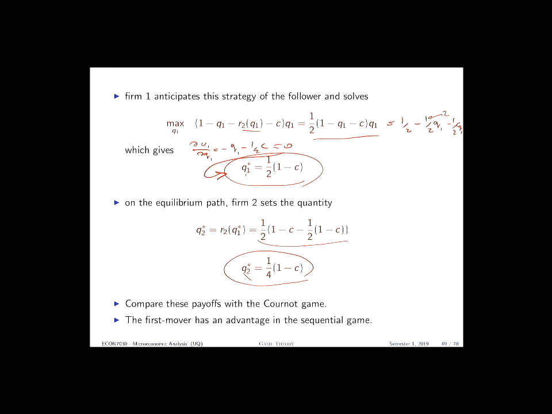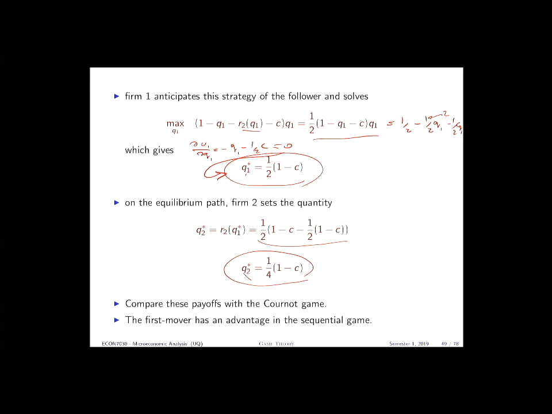So we move backward. When we move backward, firm 2 would have a reaction function based on the choice of firm 1. Therefore, we find the best response of firm 2 as a function of any choice of firm 1. Now, since we have this reaction function, we put it into the original profit function of firm 1 and maximize with respect to Q1.